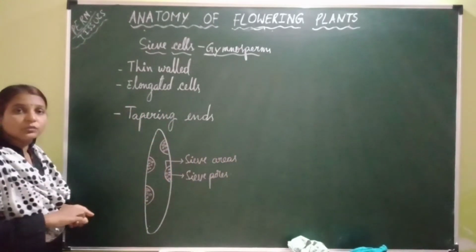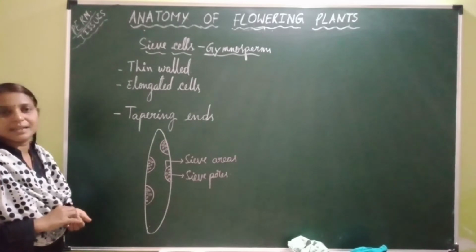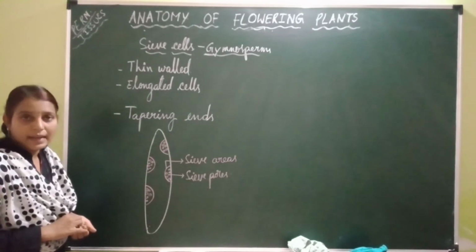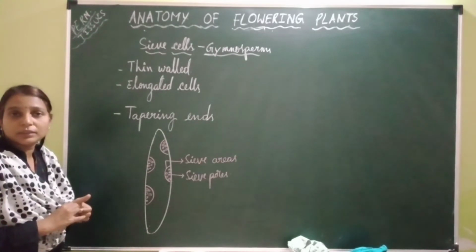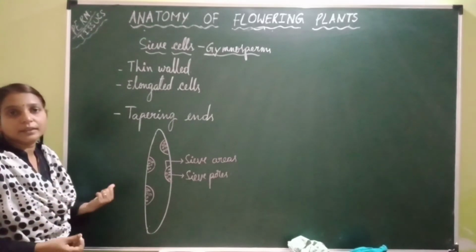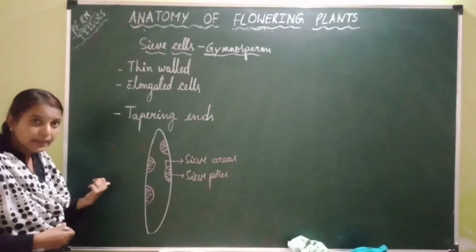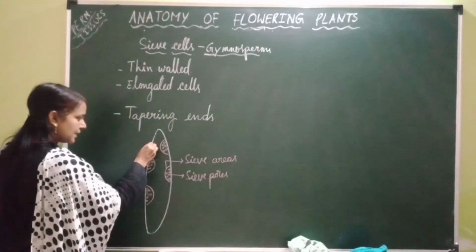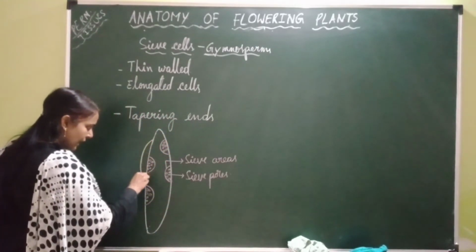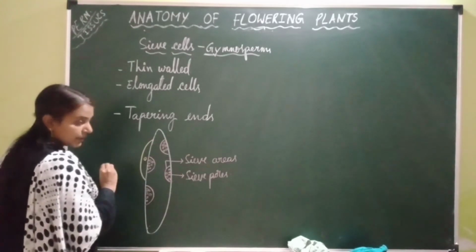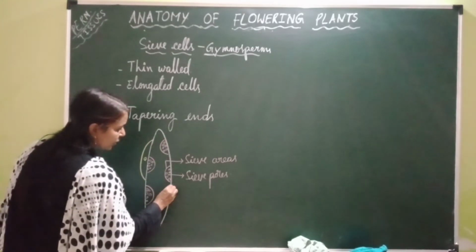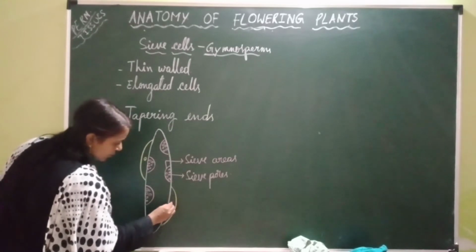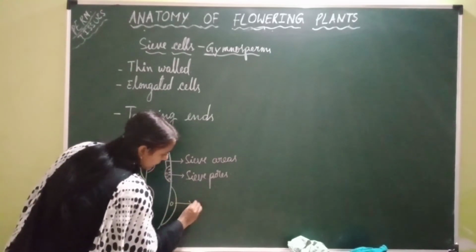Okay, so in case of angiosperms, companion cells are involved in controlling the transport of food material that occurs through the sieve tube. But here, instead of companion cells, albuminous cells are involved in controlling the activities of this sieve cell, because here also sieve cells lack a nucleus, and hence the nucleus of albuminous cells is involved.